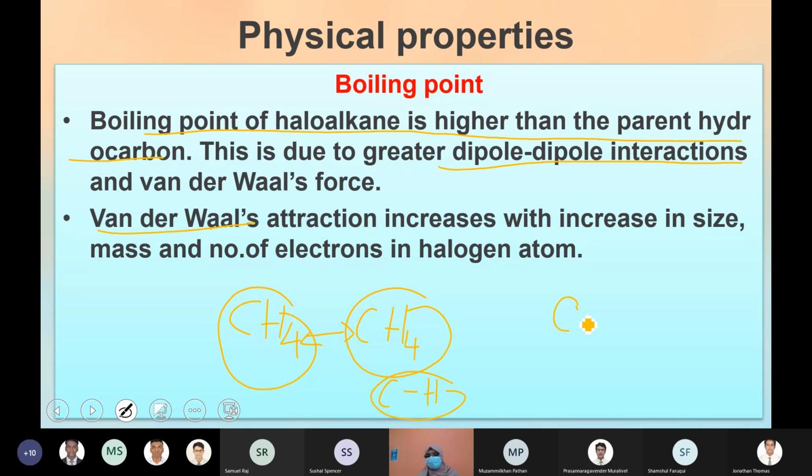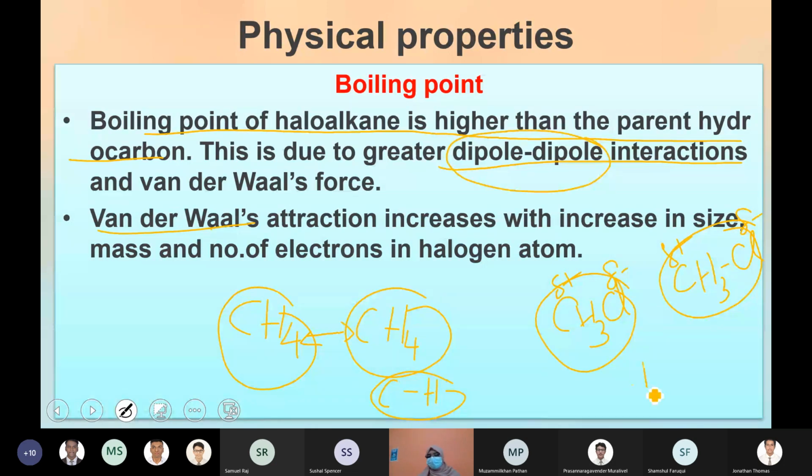But if you take methyl chloride, that is chloromethane, here carbon and halogen bonds are polar, as we discussed already. Carbon will get a positive charge and chlorine will get a negative charge, because of which there is attraction between two dipoles.